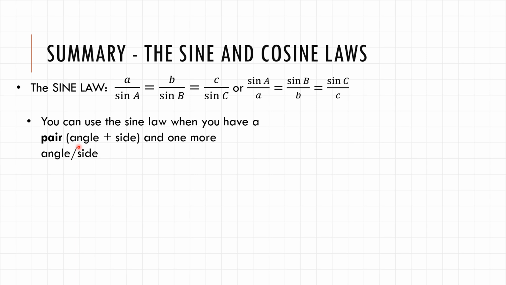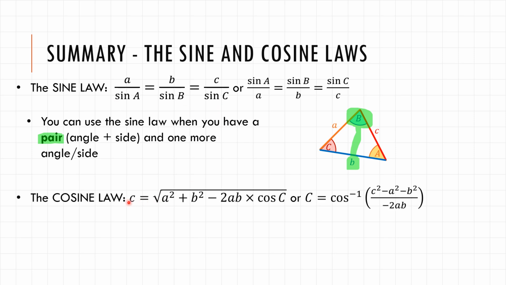I try to call that a pair. A side and its opposite angle. If you have that and you have one more angle or one more side, that's when you can use the sine law. So if this is B and B, if those are the ones I have, a pair, that's when I use the sine law.